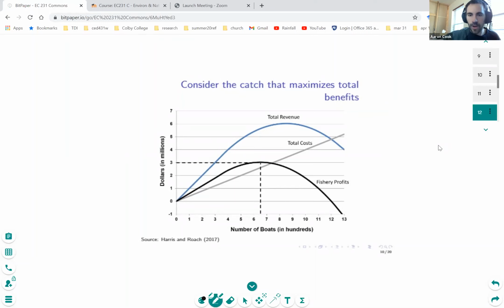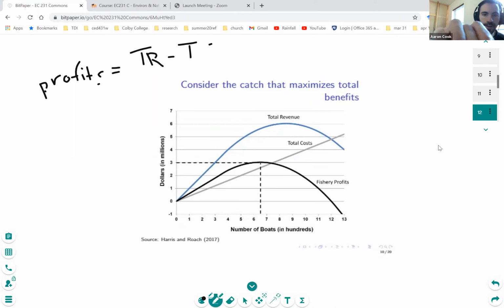So again, total revenue is this blue line on top that's curved. It has the same shape as total production. Total cost is a straight line, based on the fact that we have constant marginal costs. And then profits are just total revenue minus total cost. So subtracting the gray line from the blue line gives you the black line, which is total profits.